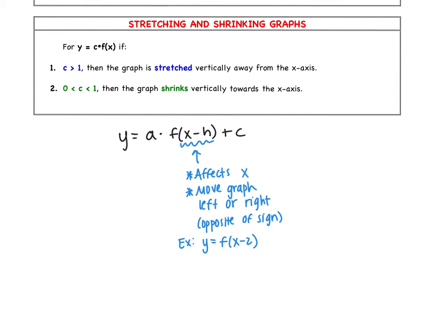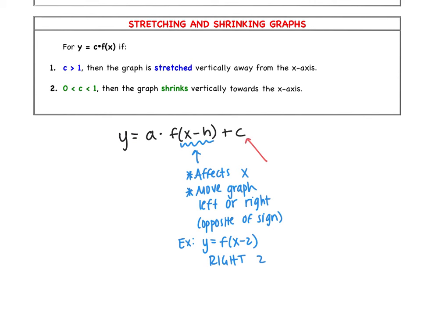Left. Okay, it's the opposite though of what the sign is. So instead of left, this would move the graph right 2. So it's going to move the graph right 2. So that's that number inside.